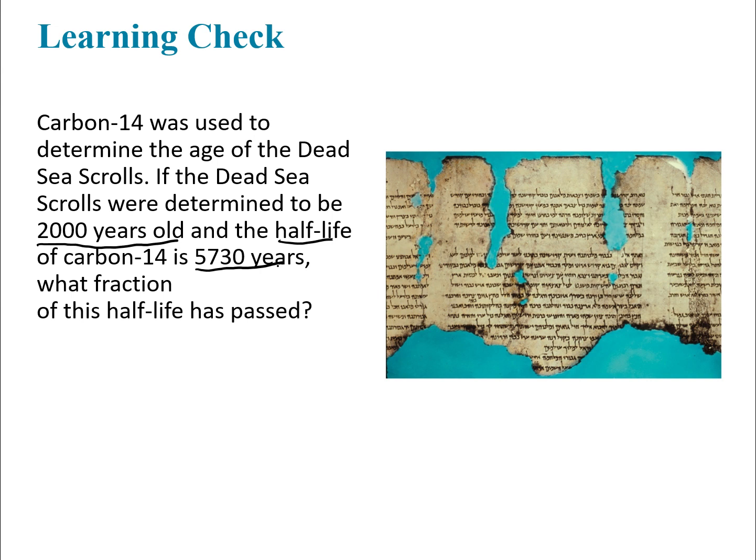The key here is knowing that you can write an equality to show how many years or days or seconds are in one half-life. And we're told this in the problem. Now, I abbreviate half-life with HL. So one half-life is equal to 5,730 years.